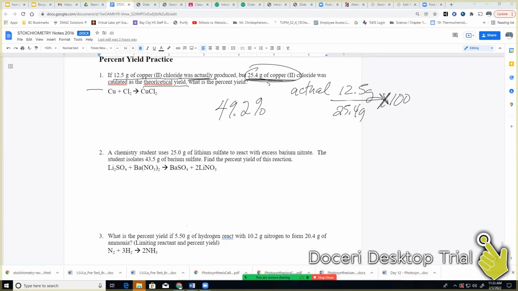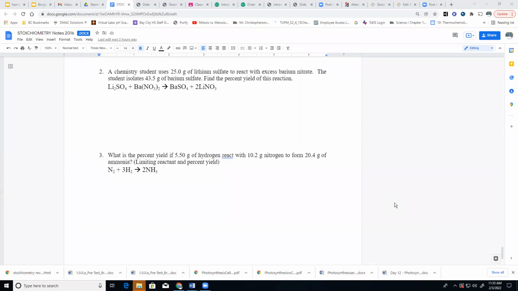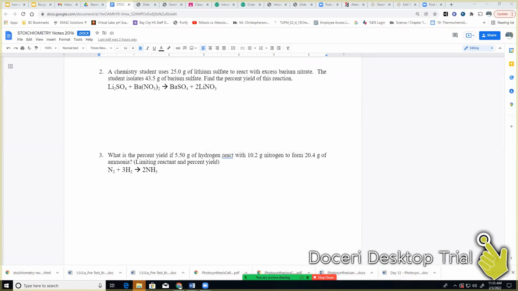All right, we'll look at one more that's in between. Kind of get it set up for y'all, and then y'all can work through it. Once again, I double check my equation is all nice and balanced. So it says a chemistry student uses 25 grams of lithium sulfate.